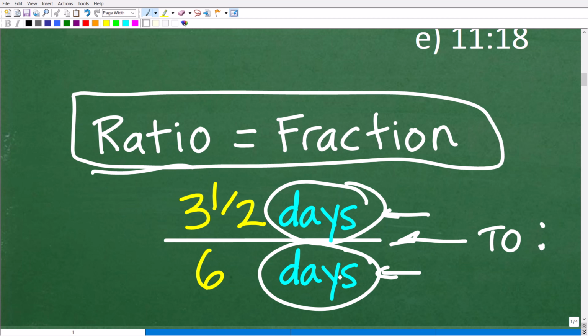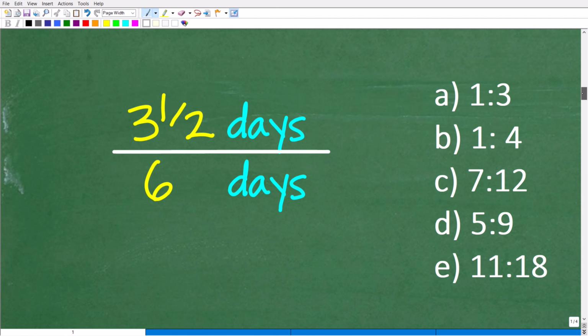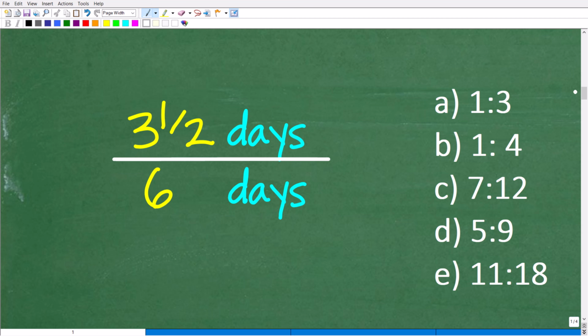Now, when you study ratios in mathematics, you pretty much study something else called a proportion. This is really important, and this is a great way to answer the question. So here is our ratio in question, 3.5 days to 6 days. I want to think of this as a fraction because it's the easiest thing to do. There are different approaches we can take, and I'm going to show you two.